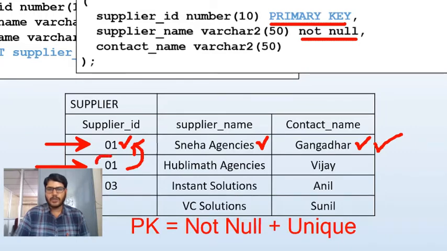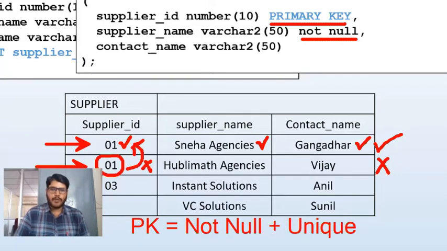We are trying to store 01, which is repeating here. So in this case, it will not accept this kind of a value. So the second record will not insert in this case. So the SQL compiler will generate an error saying unique constraint violated.